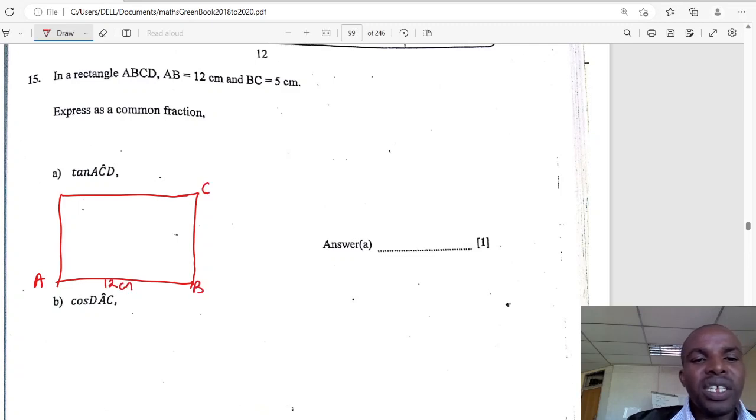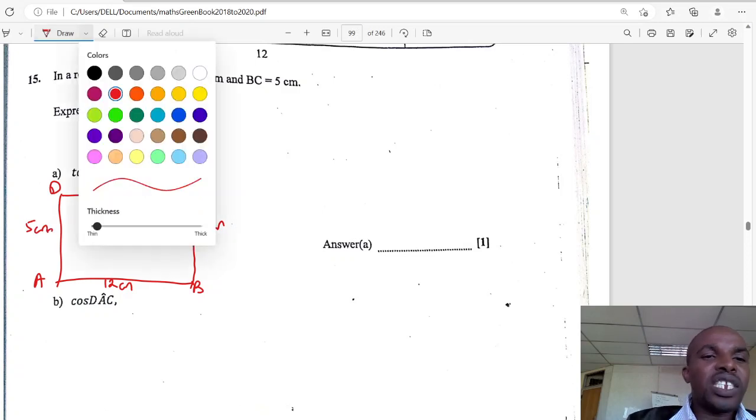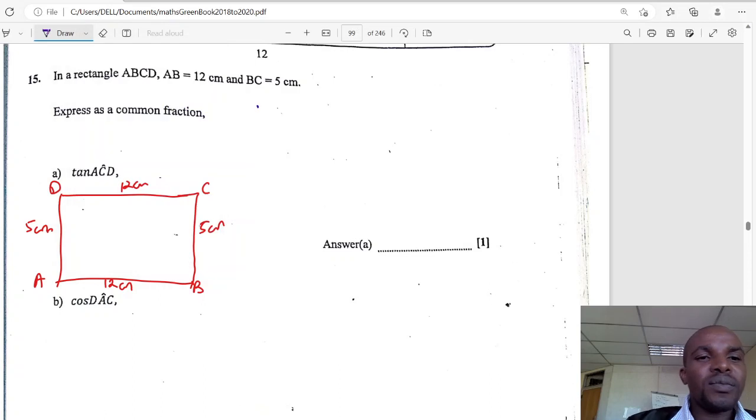Then BC is 5 centimeters. Then you have D. So if it's a rectangle, this side is also 12 centimeters. This also is 5 centimeters, like this. They said find tan of the angle. Which angle? As a common fraction, ACD.